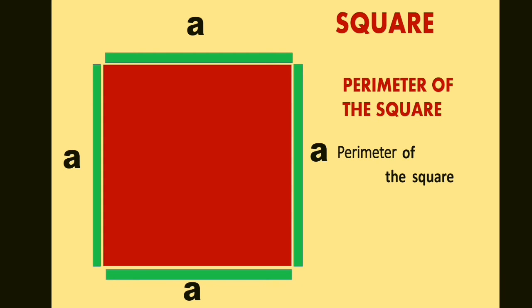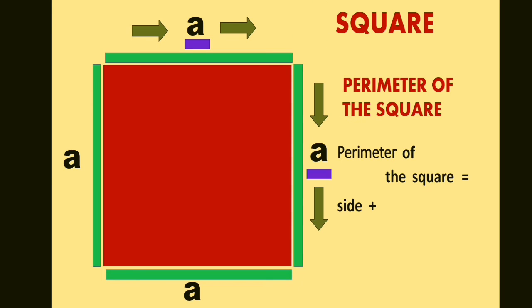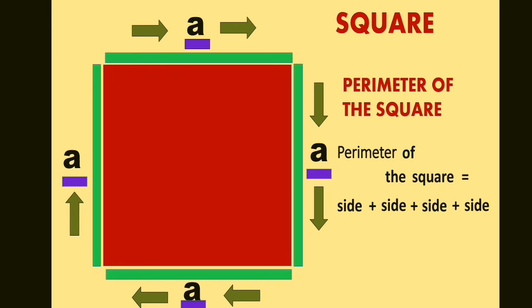So the perimeter of the square would be A, that is a side, plus. Why I am adding is that I am just going around the shape, not getting into the shape. Again I have another A when I cross over, plus. Again I am traveling, I found one A, that is called a side, and I continue traveling, I got the last A, that is a side.